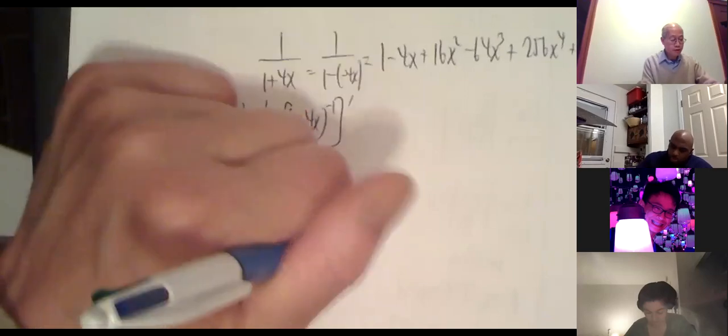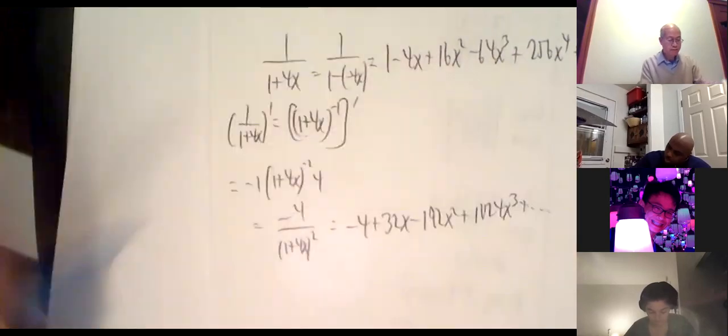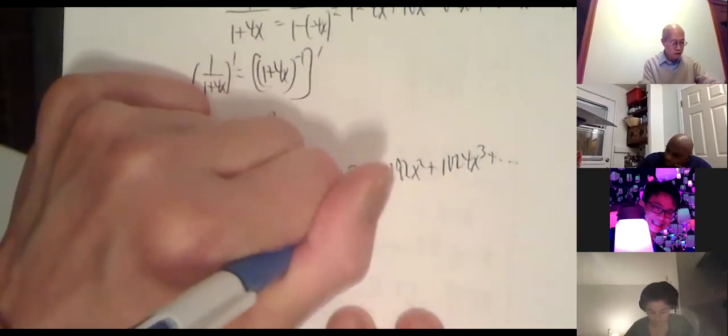The derivative of the right-hand side is negative 4 plus 32x minus 192x squared plus 1024x cubed. Okay, divide by negative 4.